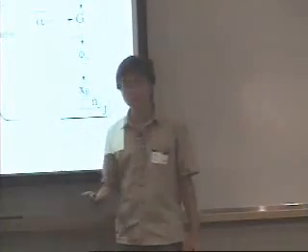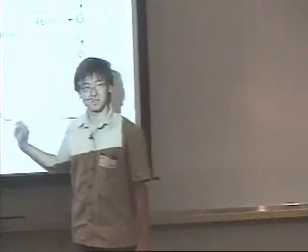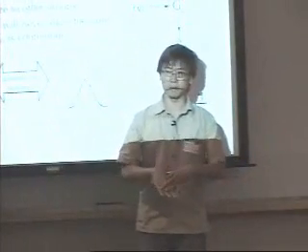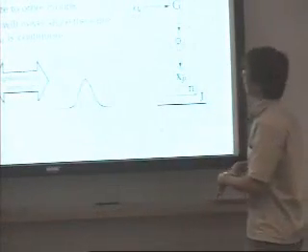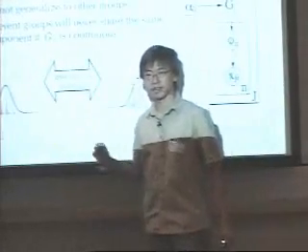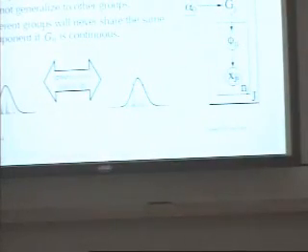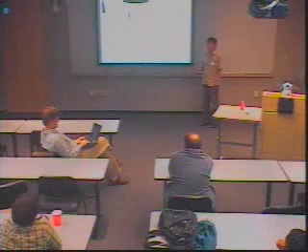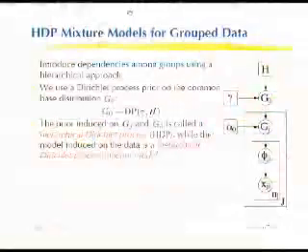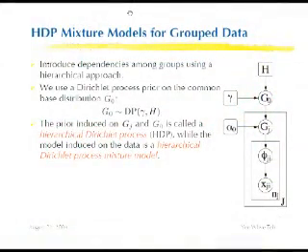Since G naught is continuous, the set of spikes which appear here and the set of spikes which appear here are never going to overlap. That means the components used here are never the same as the components used here. That's easy to see. So in the language of topic modeling, documents are never going to share topics, and that's totally useless as a topic model.